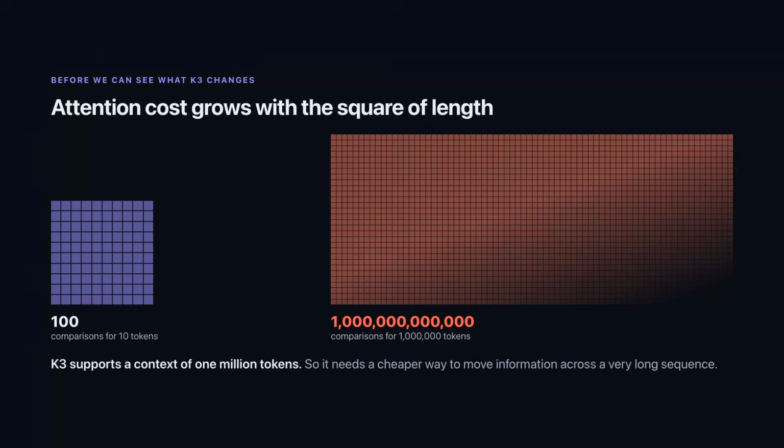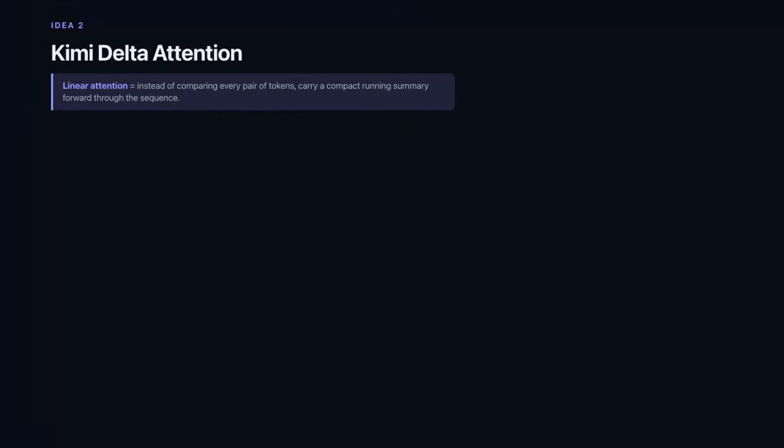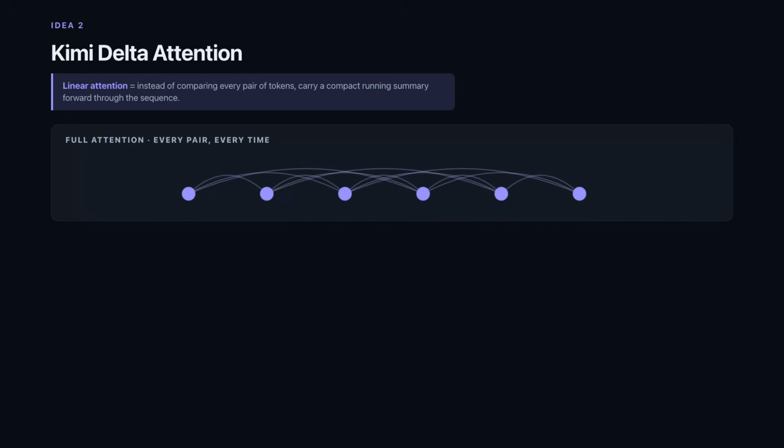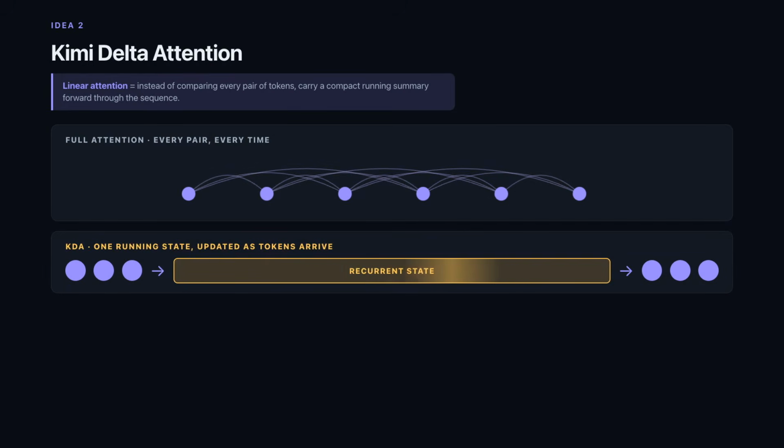Enter Kimi Delta Attention. Kimi Delta Attention, or KDA, is a form of linear attention. You don't need the equations to understand the purpose. Traditional full attention compares lots of tokens directly against lots of other tokens, every pair, every time. KDA instead keeps a compact recurrent state and updates that state as each new token arrives.